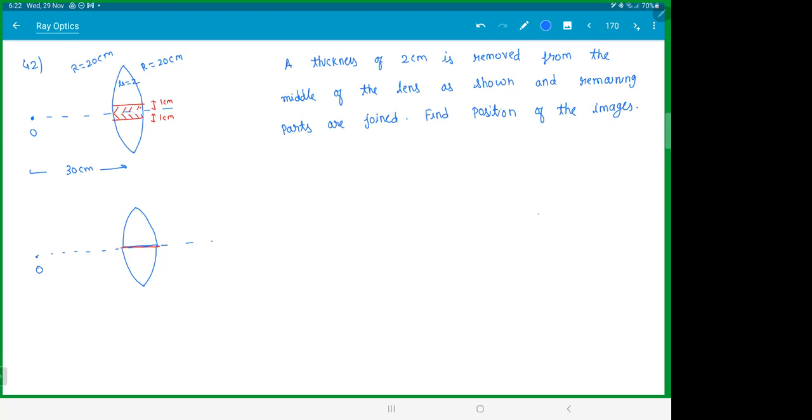R changes. No, Anusha, why will R change? Suppose if you take a surface like this, if I just break this, the radius of curvature is still same, right? R change nahi hoga.